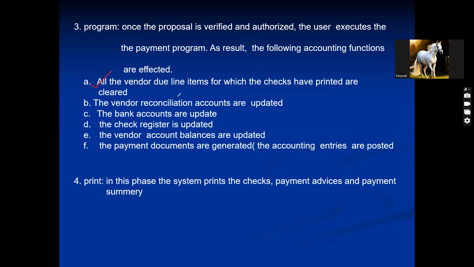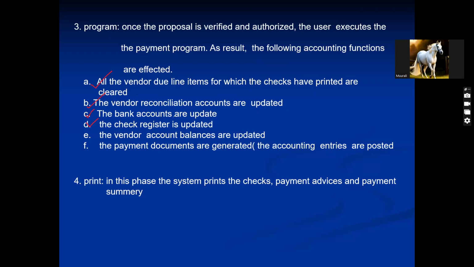Whenever you buy the material, the system will show the open item in red color. In this case, the system will clear it automatically. The vendor reconciliation account, in our case the 100505 or 100500 GL which you have created as reconciliation, also gets cleared automatically. The bank account and the check register is updated.